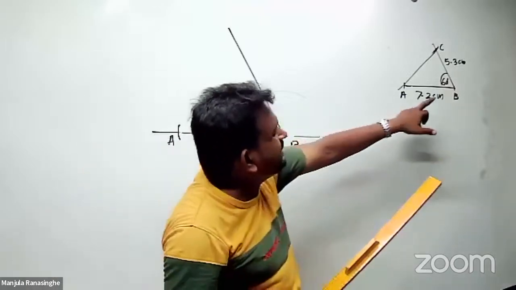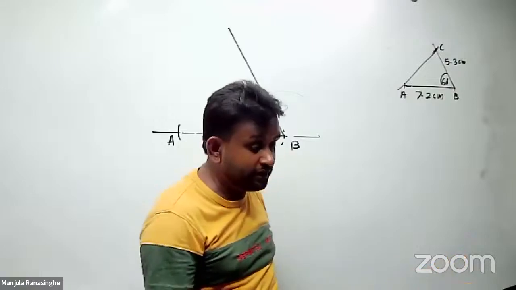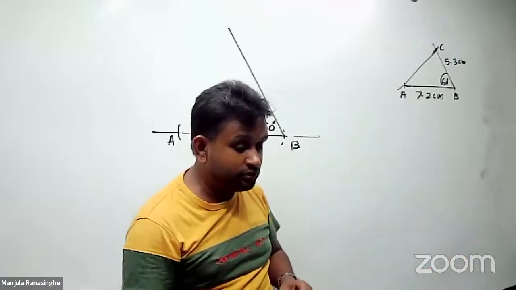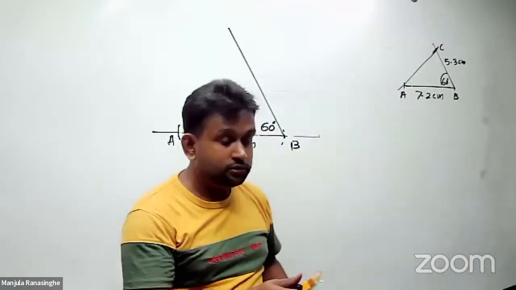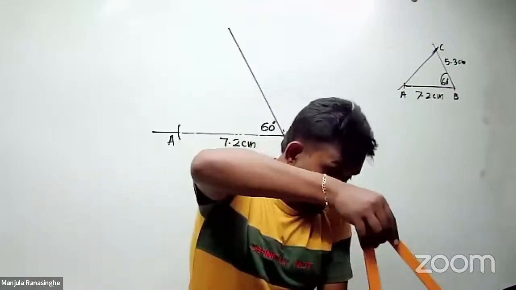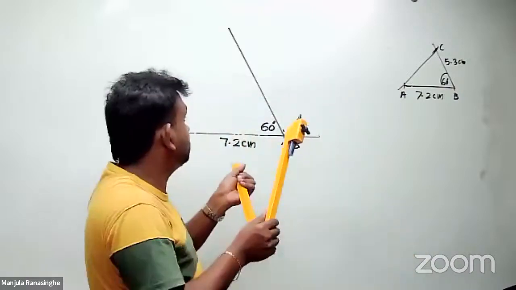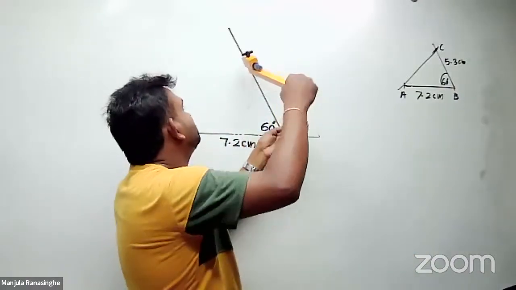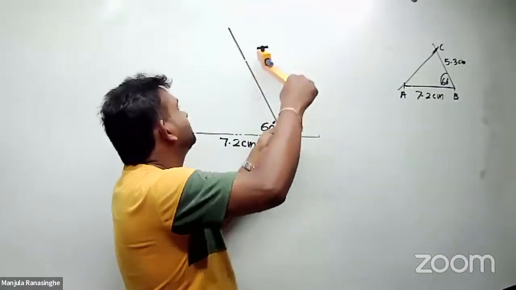Now BC is 5.3. How to take that one? So you take 5.3 with the compass, keeping it on the straight edge, and mark it here. This is how you mark, make an arc.